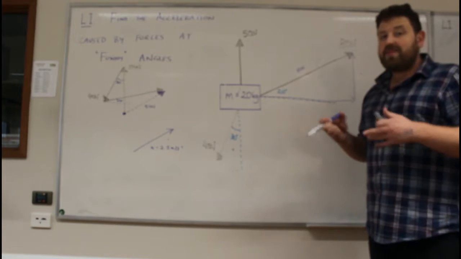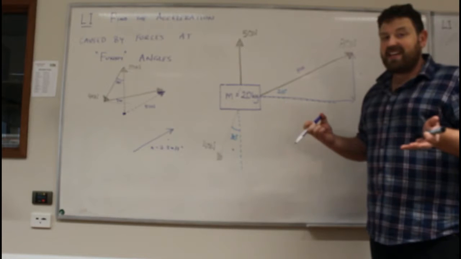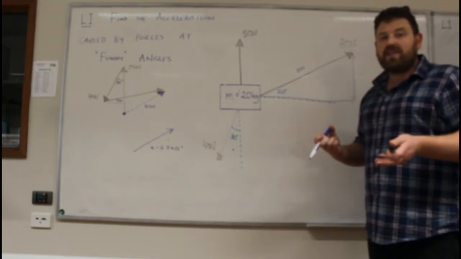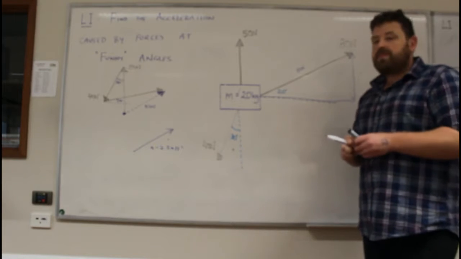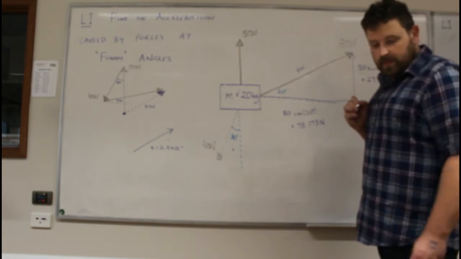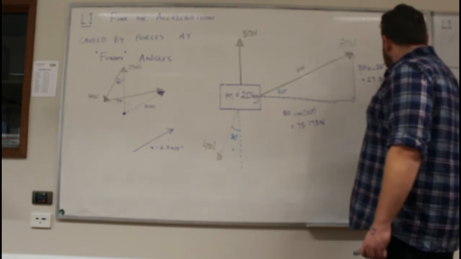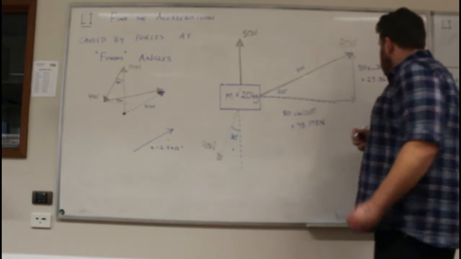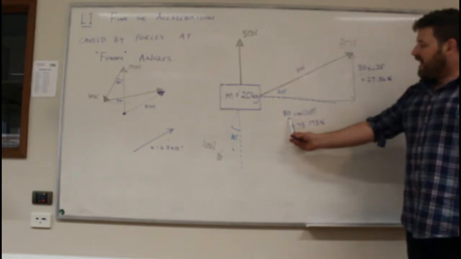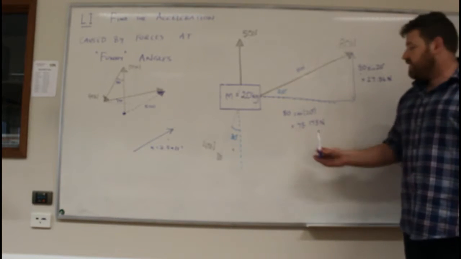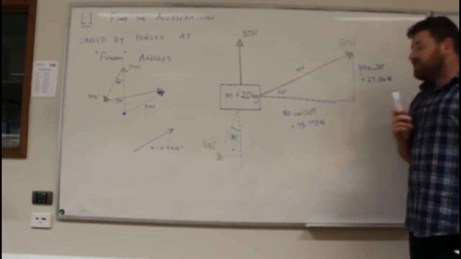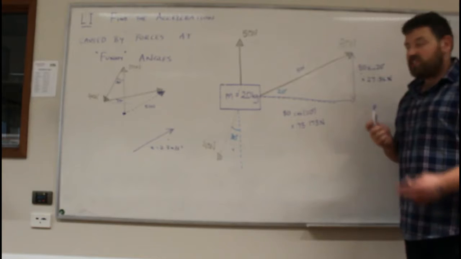I'm going to do that in about 3 seconds using the magic of video, but obviously you'd get out your scientific calculators and work those out. As you can see, 80 times the cos of 20 degrees is 75 newtons, and 80 times the sine of 20 degrees is 27 newtons-ish.